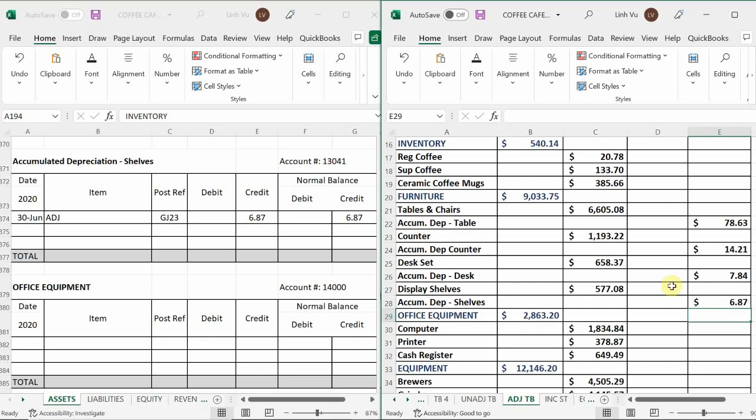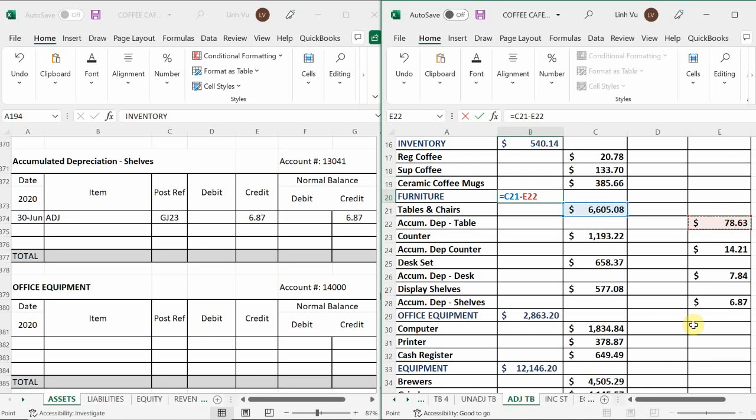Now, in this case, you could do the equal sum this minus equal sum this, but I usually have trouble with that formula. It usually doesn't work for me. So what I like to do is this formula here, a sum of all of these. A better way to understand this is, this is the price that I purchased my tables at, but I have to decrease it in value by that $78.